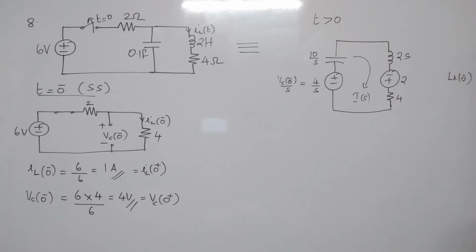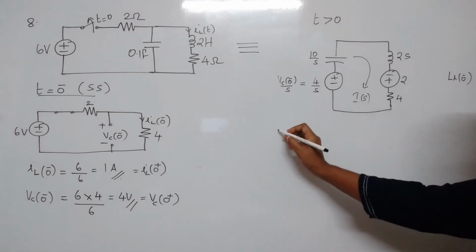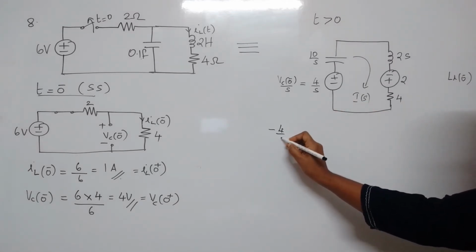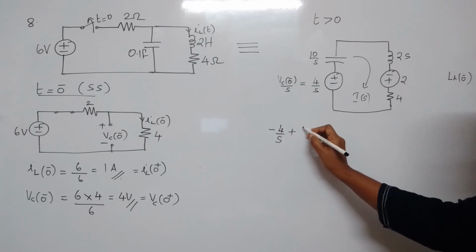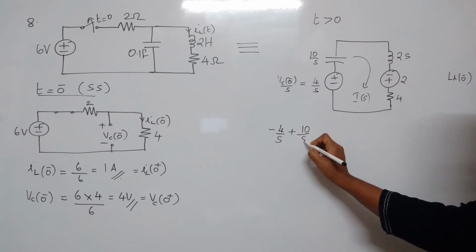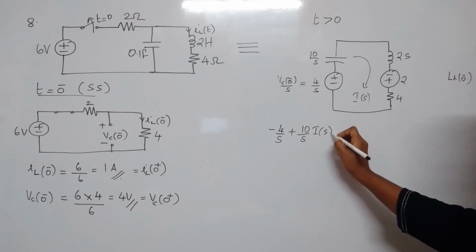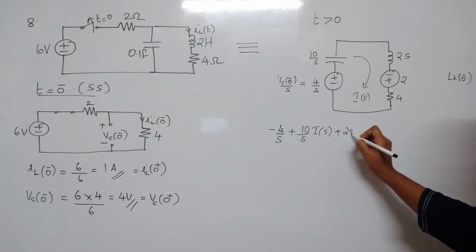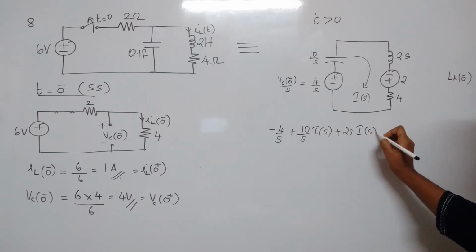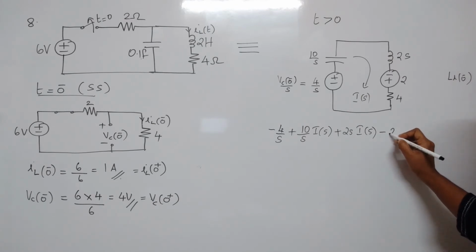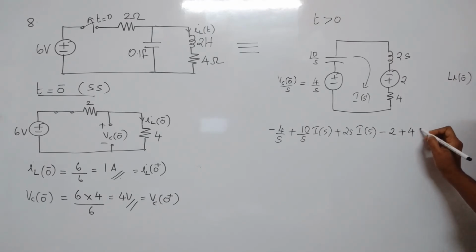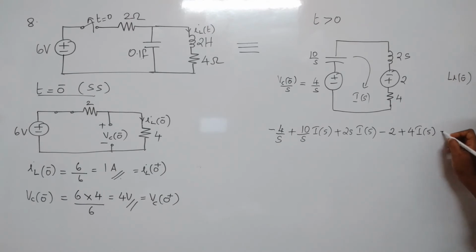Now we can write the KVL equation. Minus 4 by S plus 10 by S into I of S plus 2S into I of S minus 2 plus 4 into I of S equal to 0.